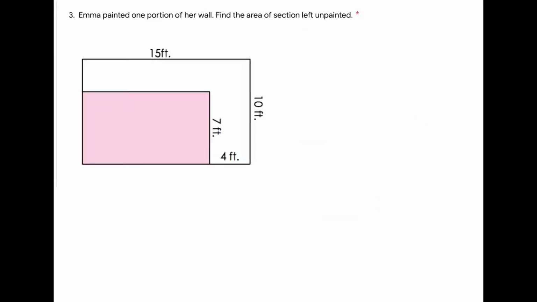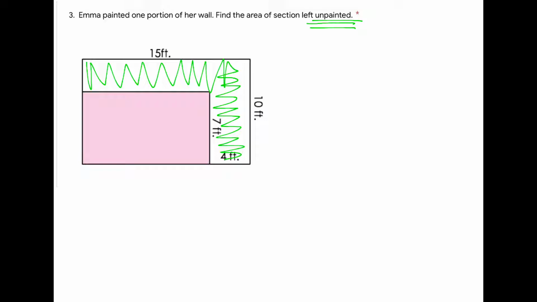Emma painted one portion of her wall. Find the area of the section left unpainted. Unpainted. So right here is our section unpainted. This also is a 4-step problem.